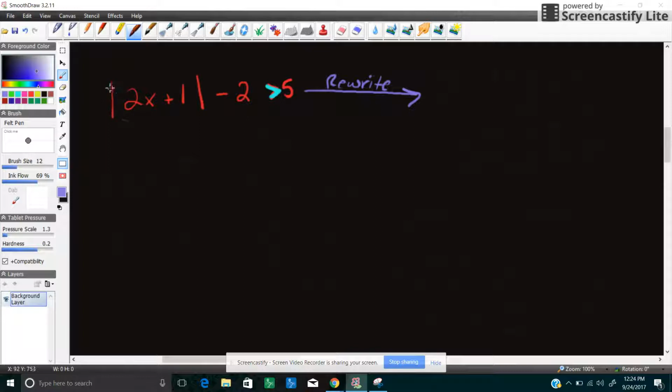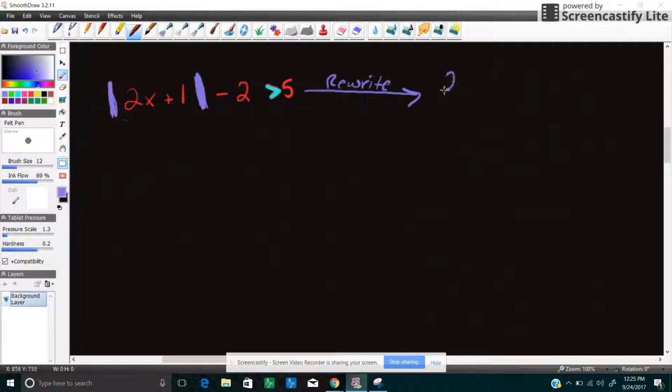If you notice, we have our absolute value. So these are our absolute value bars, and we have a 2 on the outside. Remember that when we're solving absolute value, whether equations or inequalities, we have to isolate it first, which means I'm going to have to get rid of that 2.